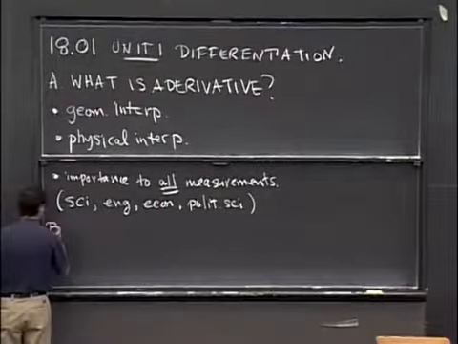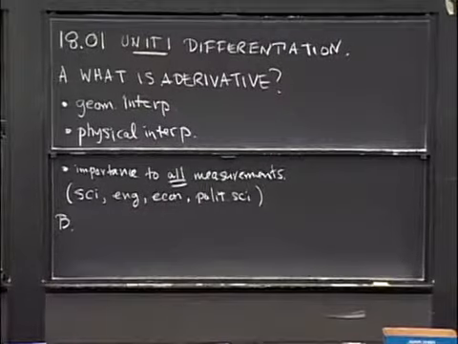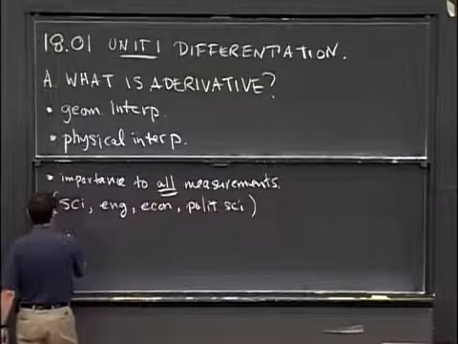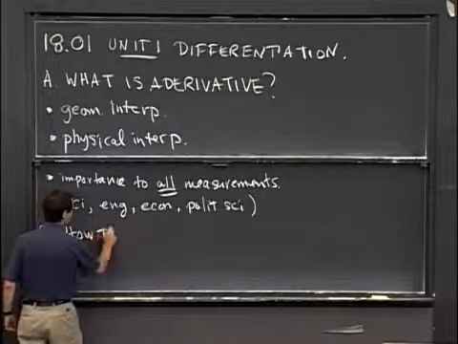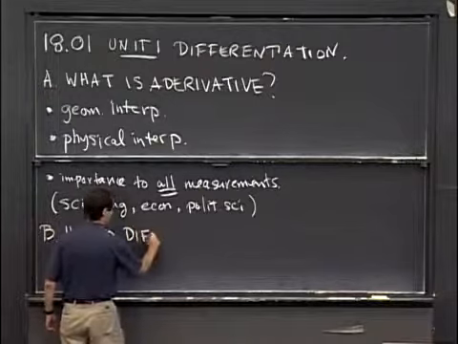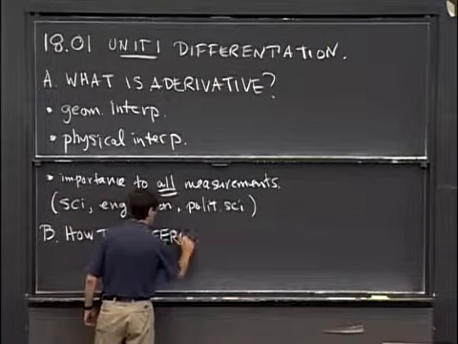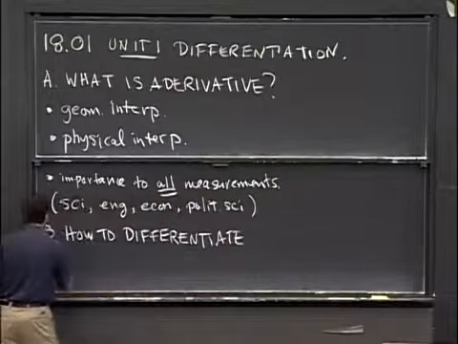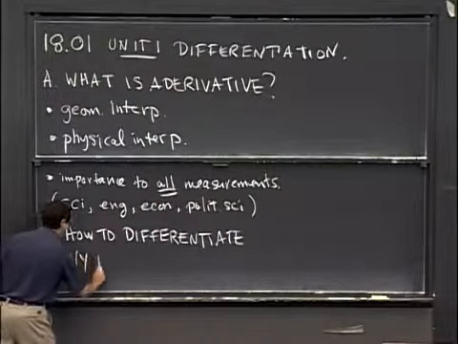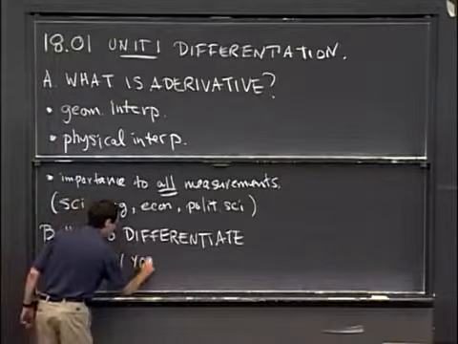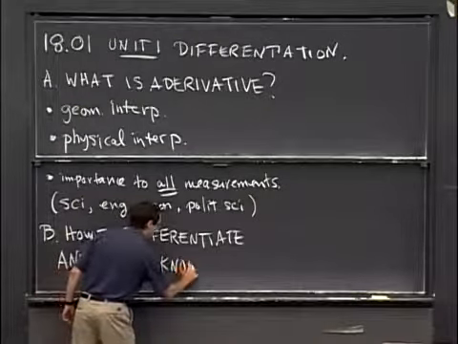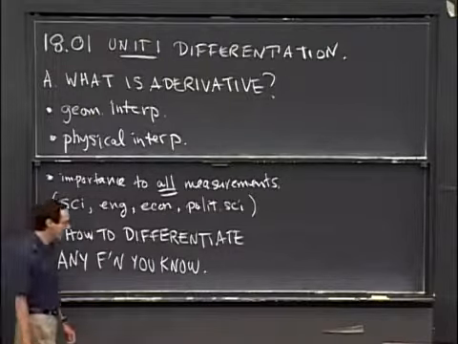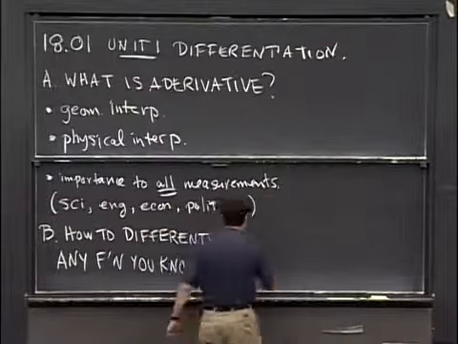And then there's another thing that we're going to do in this unit, which is we're going to explain how to differentiate anything. So how to differentiate any function you know. And that's kind of a tall order, but let me just give you an example.